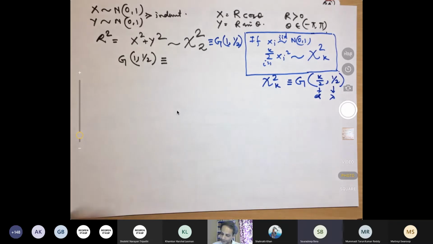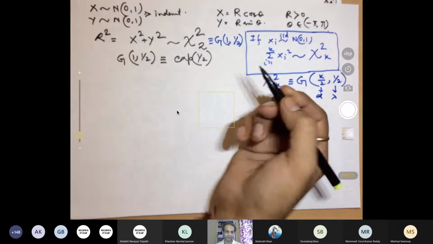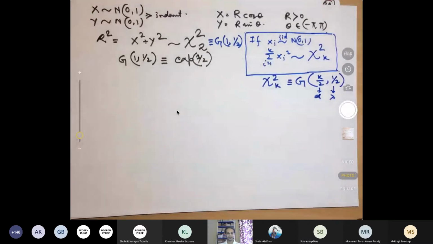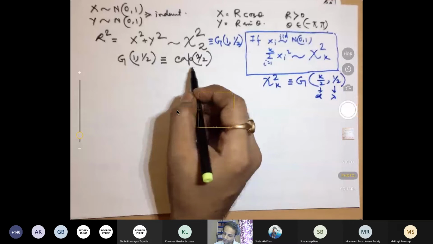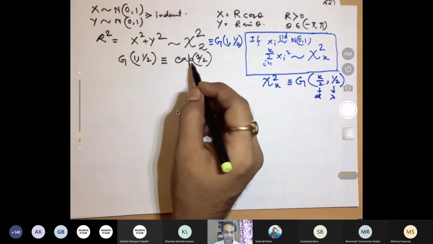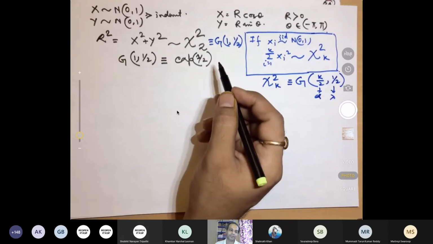Exponential, correct. It is exponential with lambda equal to half. Gamma 1, half is exponential half. Okay. Now, can you tell me how you can get the exponential half distribution from uniform 0, 1?